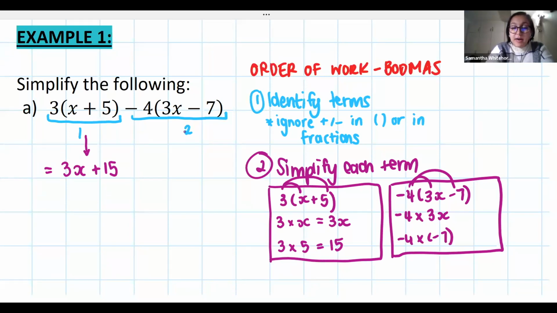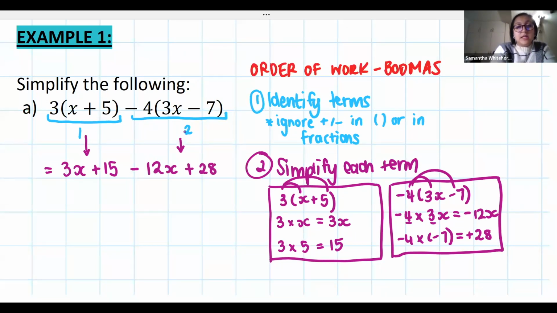I'm putting it in brackets because I need to be careful of the signs. We know that a negative times a positive is a negative. 4 times 3 is 12, and then we have the x. In the next distribution, a negative times a negative is a positive, and 4 times 7 is 28. So when we simplify the second term, I end up with negative 12x plus 28.